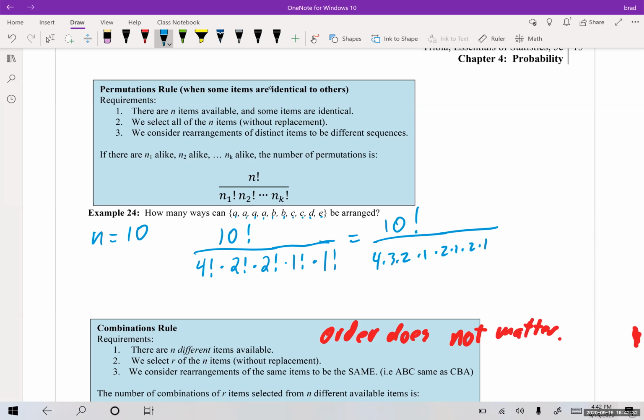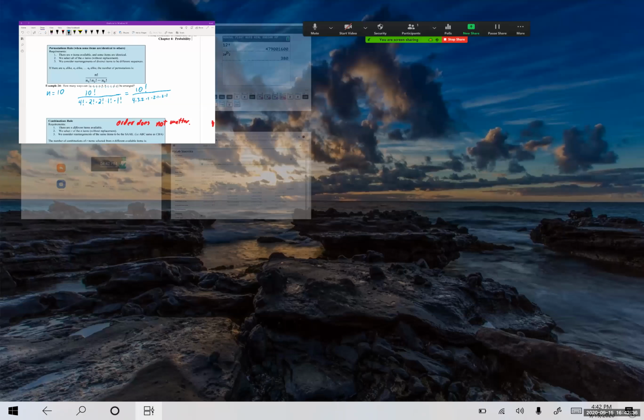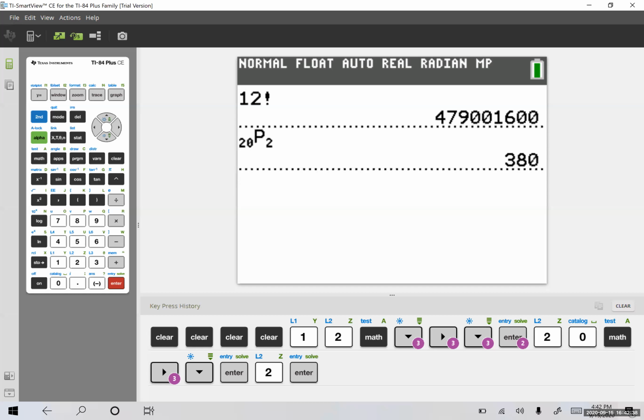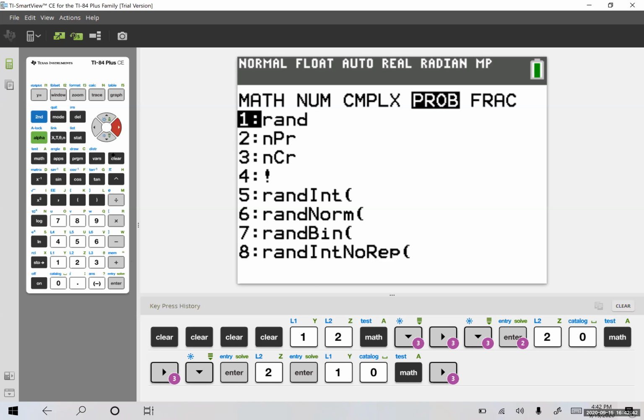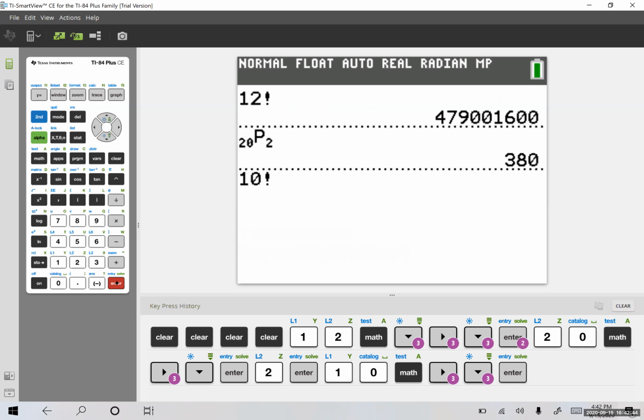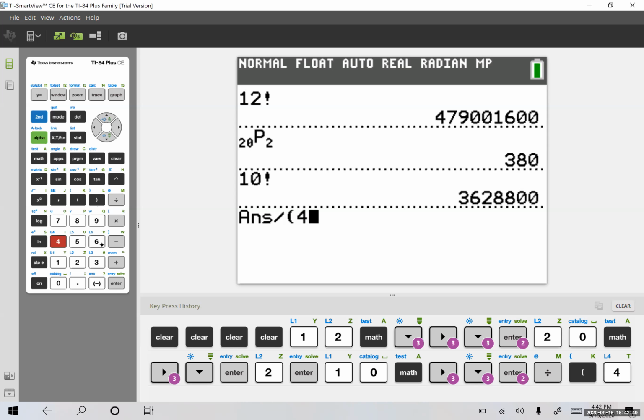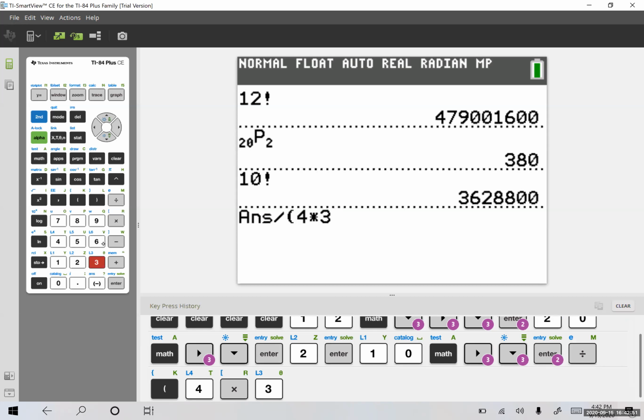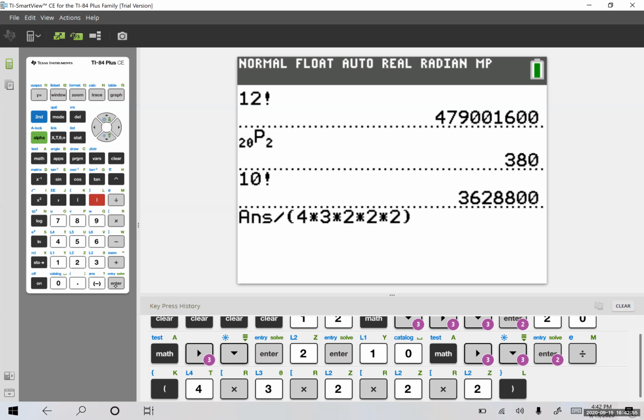So what I'm going to do is I'm just going to take out my calculator, and I'm going to do 10 math factorial, enter, divided by, and then parentheses, 4 times 3. I don't want to even waste my time writing out the factorials, but I could, times 2 times 2 times 2.